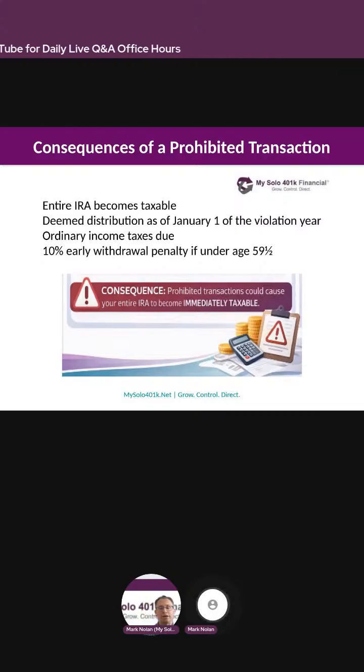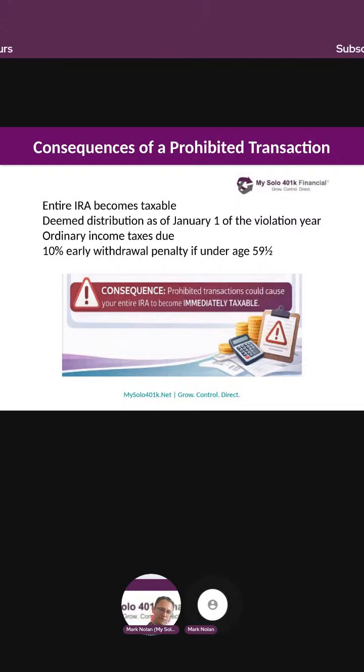So the penalties for violating the prohibited transaction rules are severe. If a prohibited transaction occurs, the entire self-directed IRA is deemed distributed as of January 1st of the year the violation occurred. Same rule applies to solo 401k plans. The full value becomes taxable income.